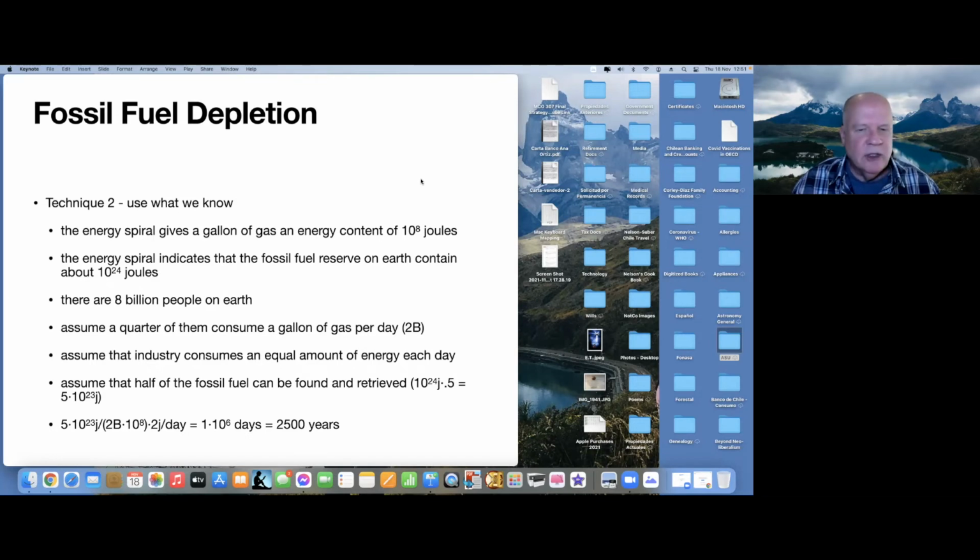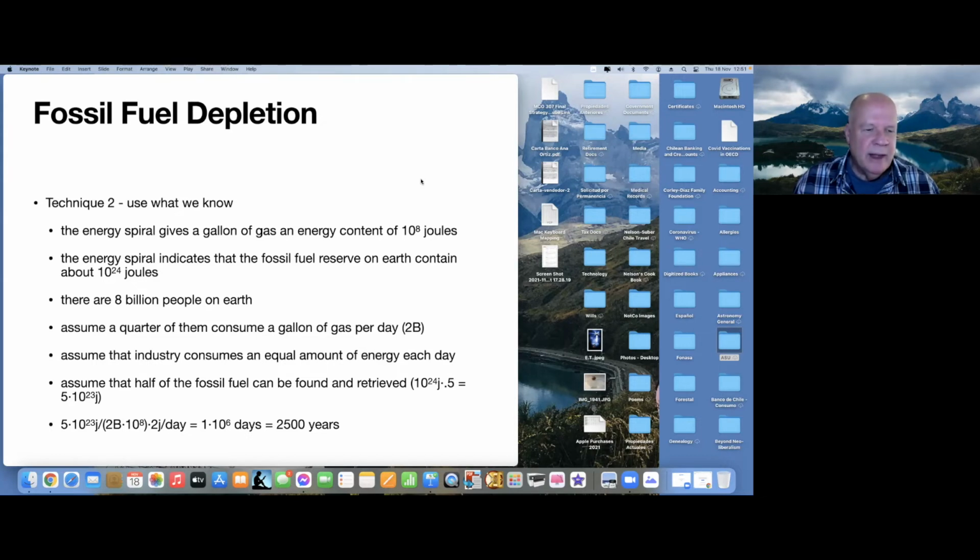So we take the total amount of energy that we've got available to us on Earth in fossil fuels, with that stipulation, and we divide that by what we're consuming every day. That's 2 billion people, 2 times 10^9, times 10^8 joules that we're consuming by those 2 billion people every day.